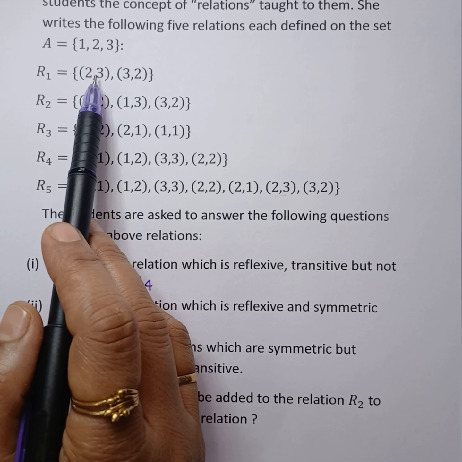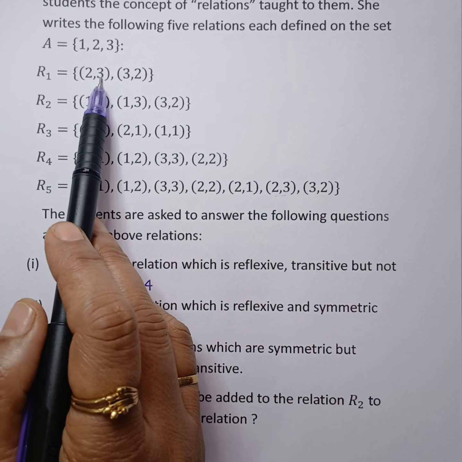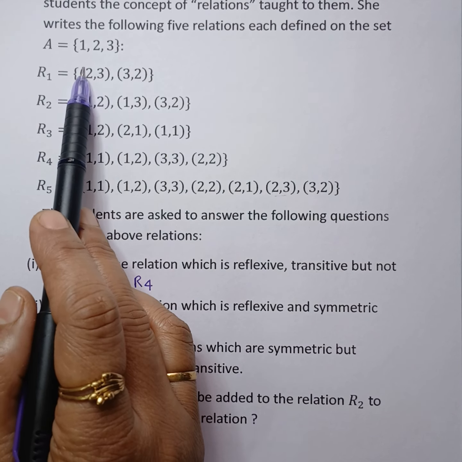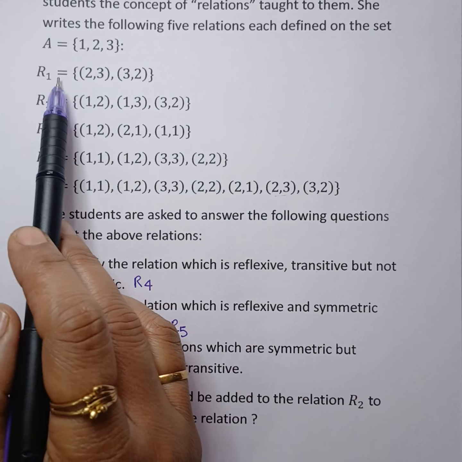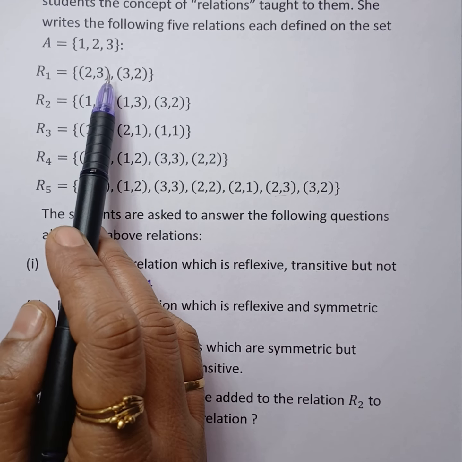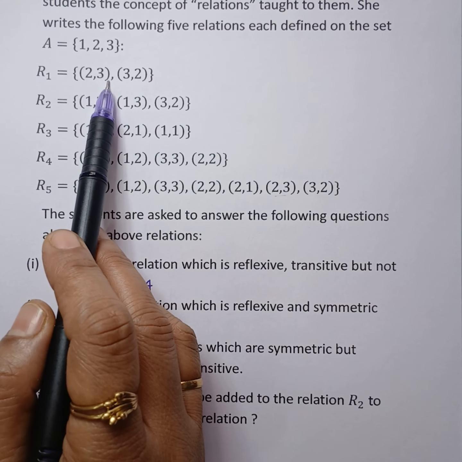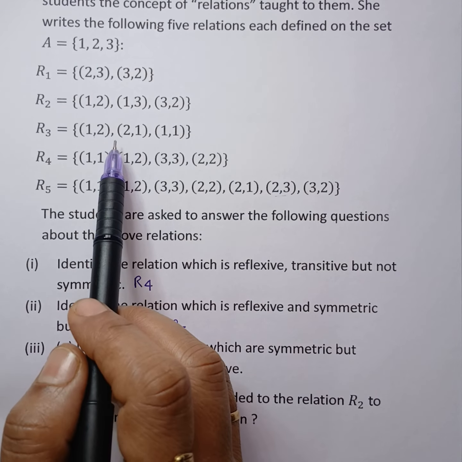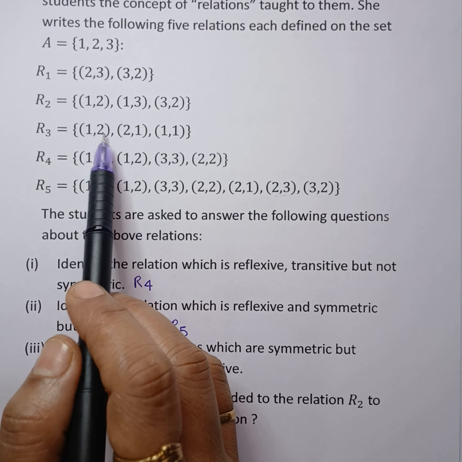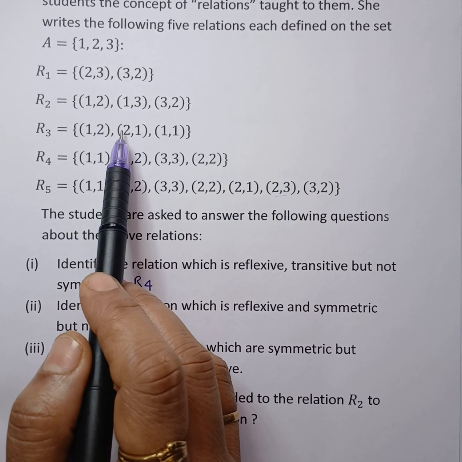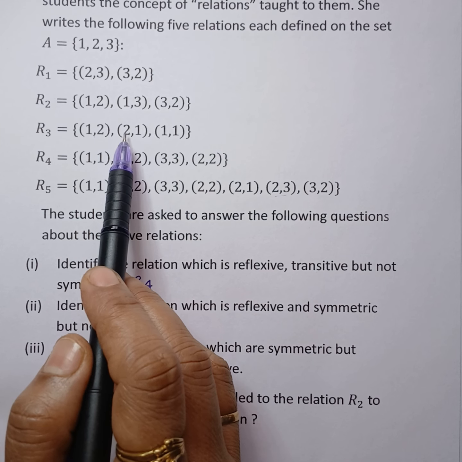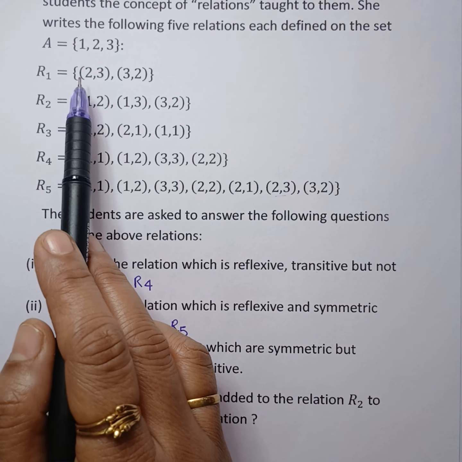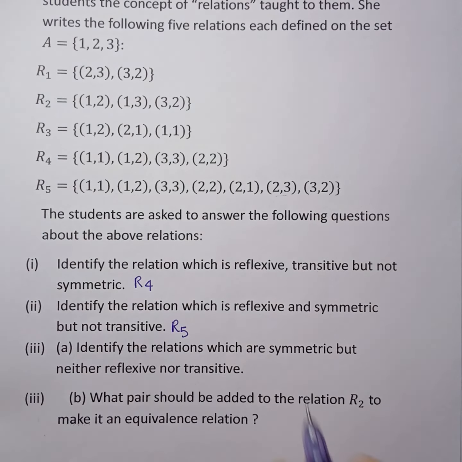But R1 is not transitive. Why? Because (2,3), (3,2) is there, but (2,2) is not there. So my correct option is R1 because it is symmetric, neither reflexive nor transitive. In R3, it is symmetric, neither reflexive, but it is transitive as well. So I will not take this option. My only option is R1 here.